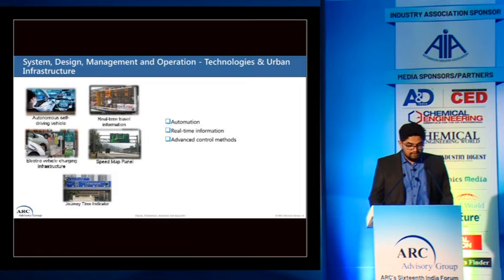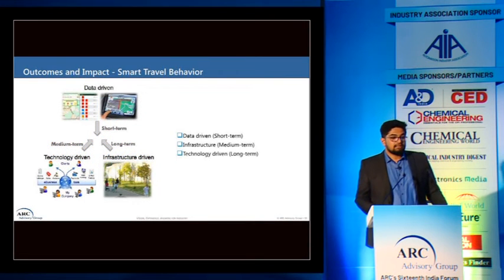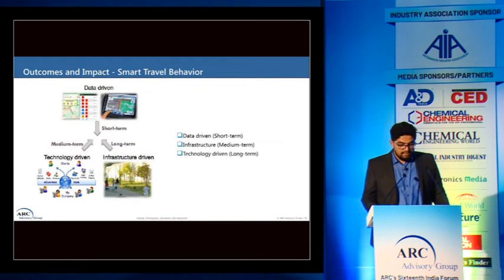Moving further on the second pillar itself, smart sensing. Smart sensing is collecting stationary and mobile data with the help of Wi-Fi signals, cellular signals, smartphones, CCTV, wireless sensors, traffic detectors, and vehicle tracking devices. The data collected are run through data analytics software to provide efficient and effective operation of smart mobility. Next, the third phase, which is outcome and impact. First will be smart travel behavior.